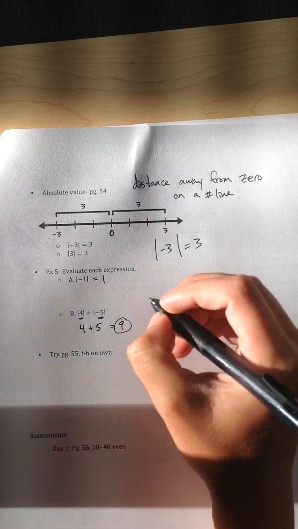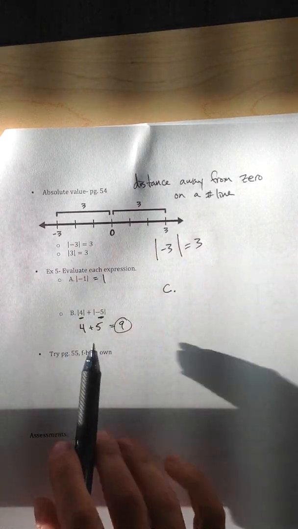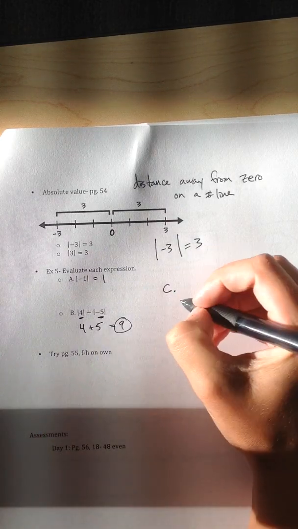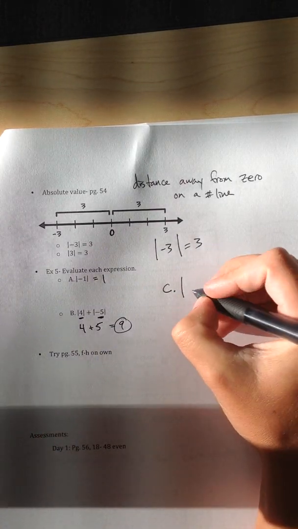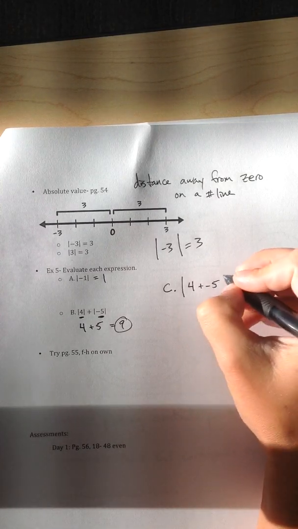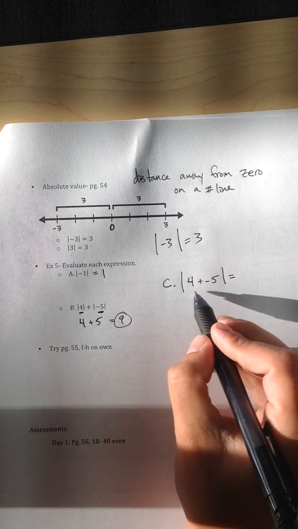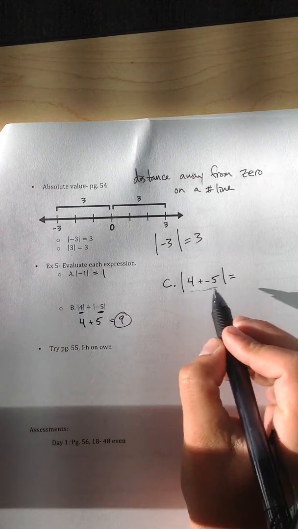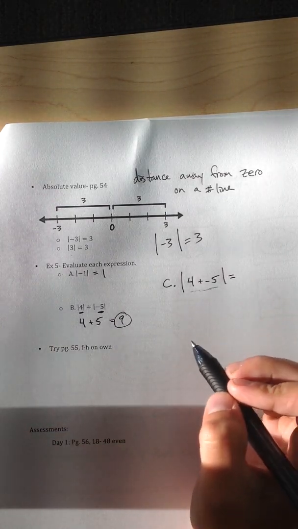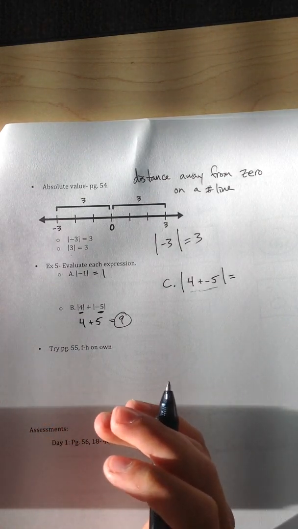Okay, now I'm going to throw a C in here to kind of show you the difference between some things. So I'm kind of going to do a different setup of these numbers here. So if I do absolute value of 4 plus a -5 like that, how this is different is these two are both inside this absolute value. So what I want to do is solve for the inside part first and then take the absolute value of it.